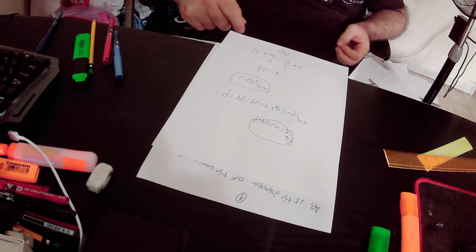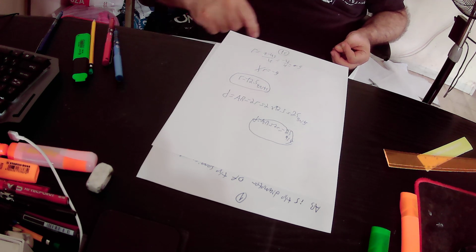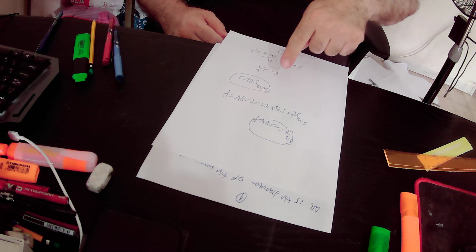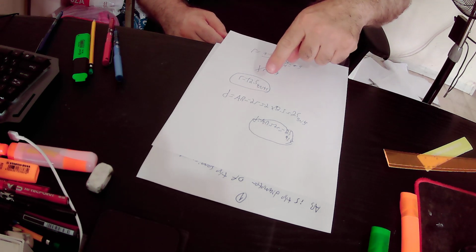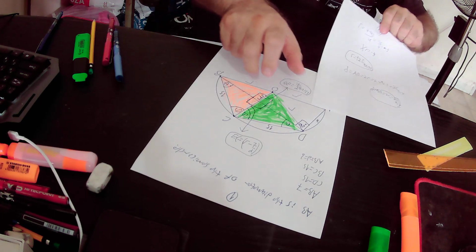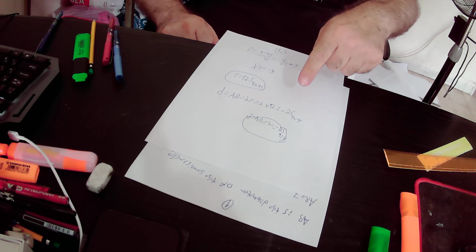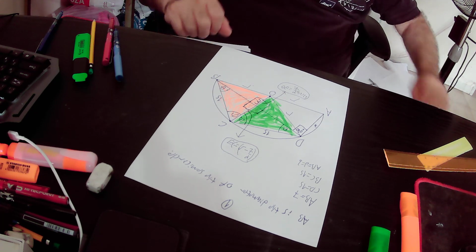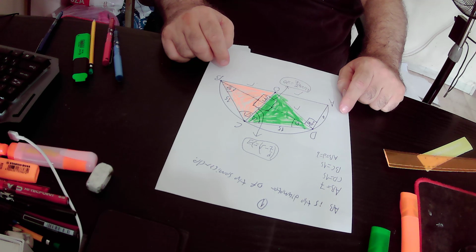So this answer is cancelled, and we are left only with the possibility that R equals 12.5 units. So the diameter of the semicircle is 2 times the radius, which is 2 times 12.5, or 25 units.